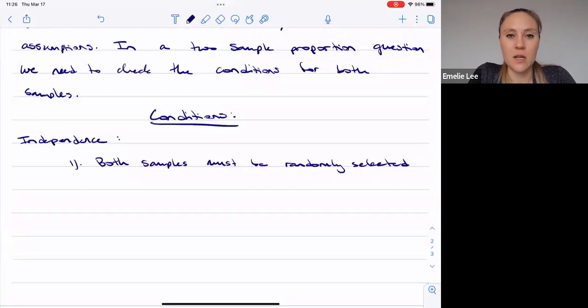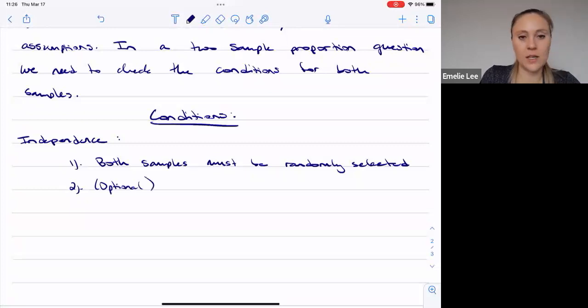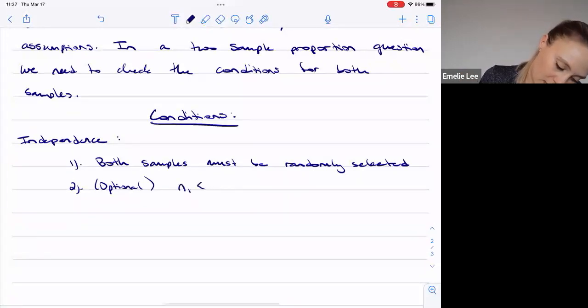Okay. The optional one, I'll put it as option 2. So this one's optional. It's more of a show-off thing, right? The other thing is the n less than 10%, but now, of course, that applies to both samples. So N1 has to be less than 10% of population 1.